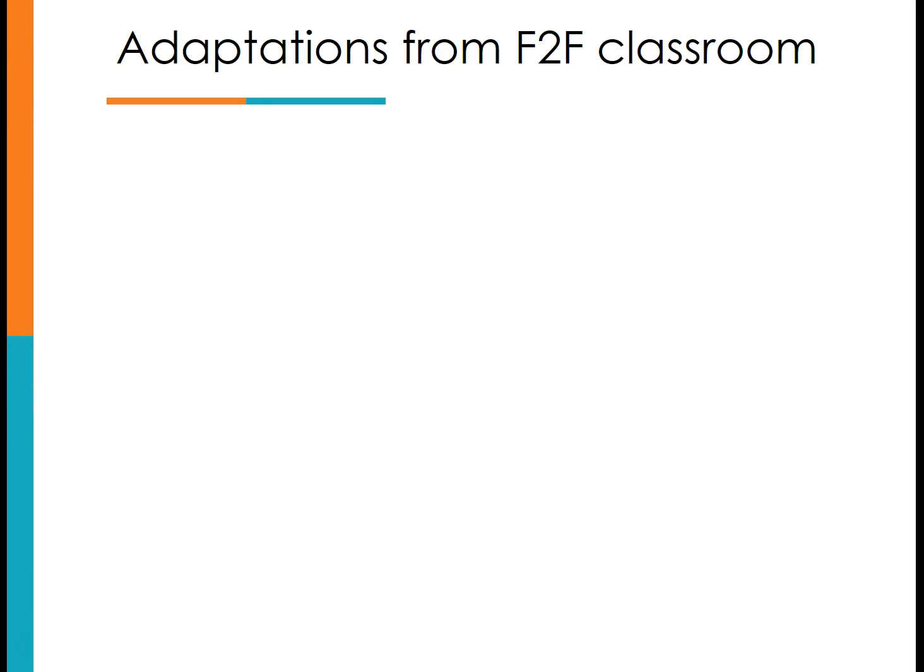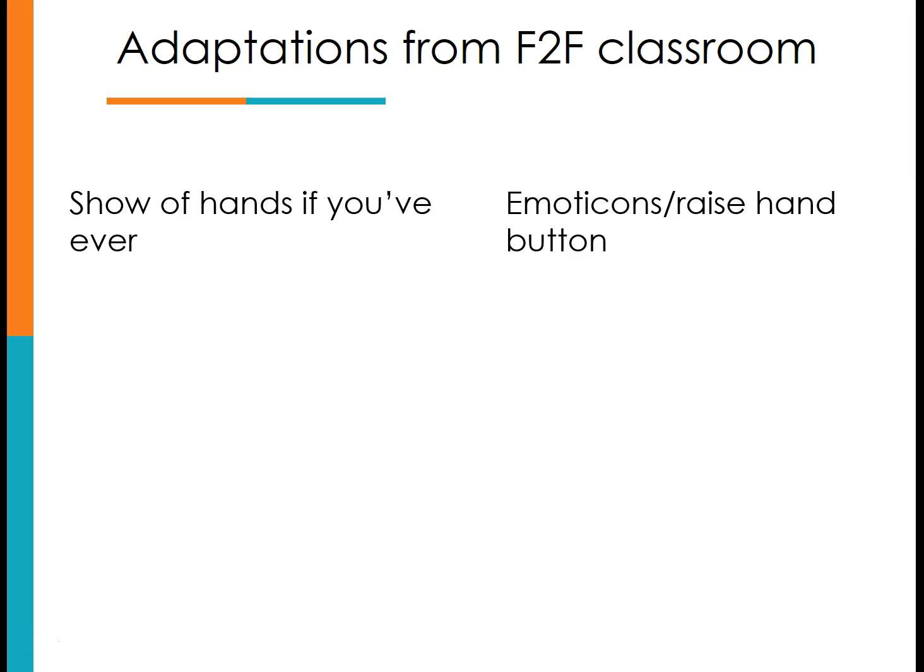On this slide, I'm going to show you some examples of adaptations from face-to-face class that you can bring into your live online class. So in a class, you might say, "Can I get a show of hands if you have ever?" For this, you can ask the class to use an emoticon or use the raise hand button. If you want a student to share an example, then you would simply make them a presenter and they can talk to the class through their own microphone.